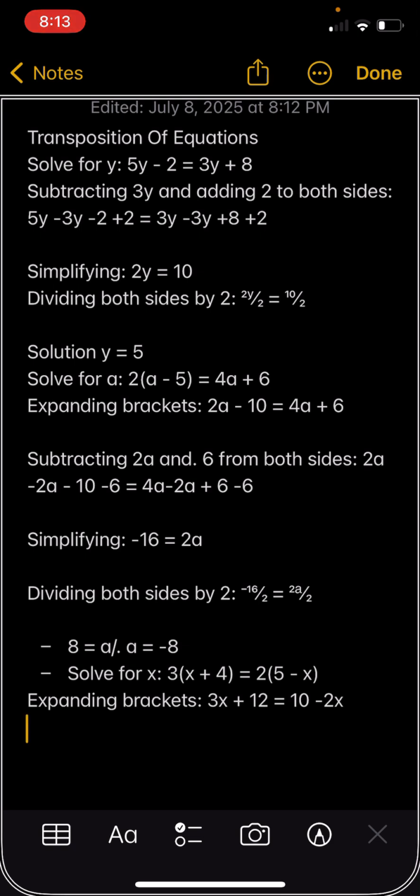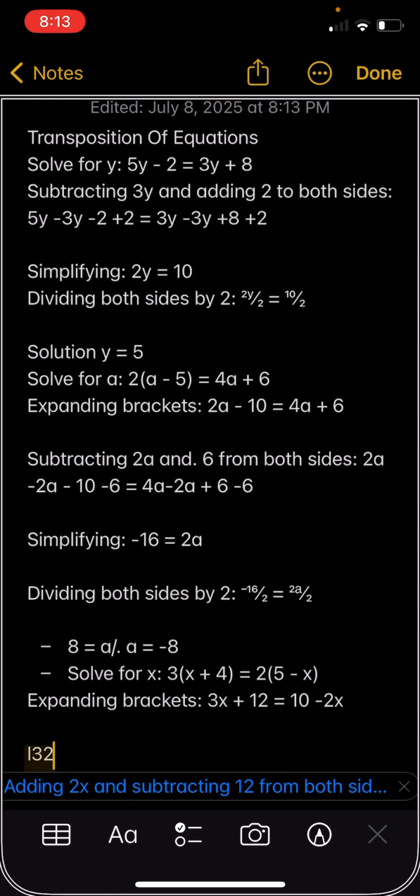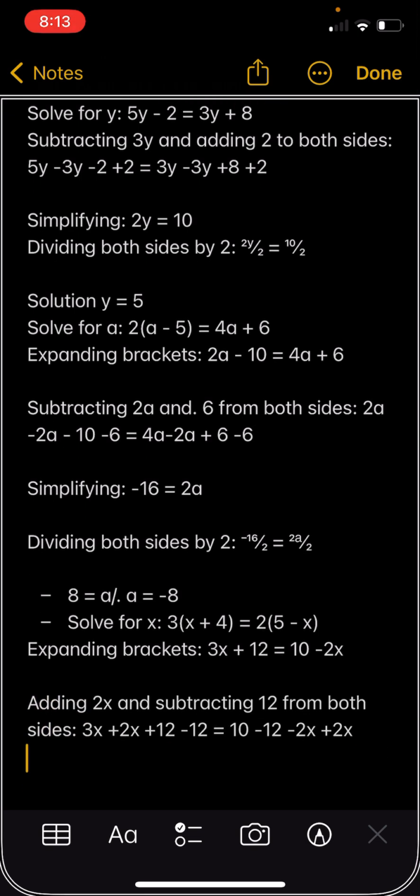So let's go ahead and add 2x to both sides of the equation. And as we add 2x to both sides, we are also going to subtract 12 from both sides.